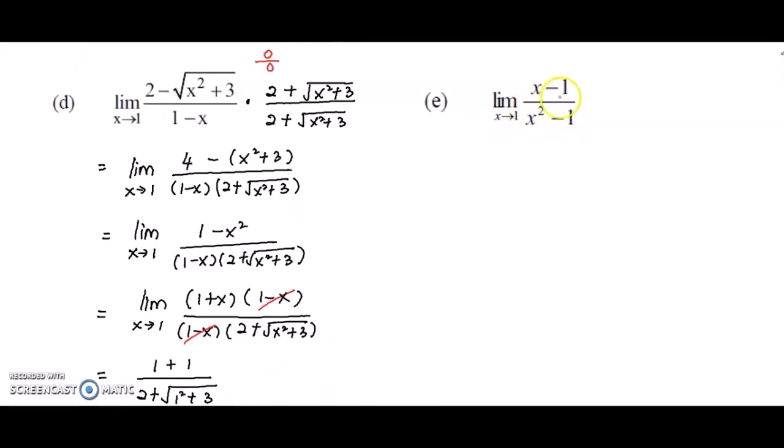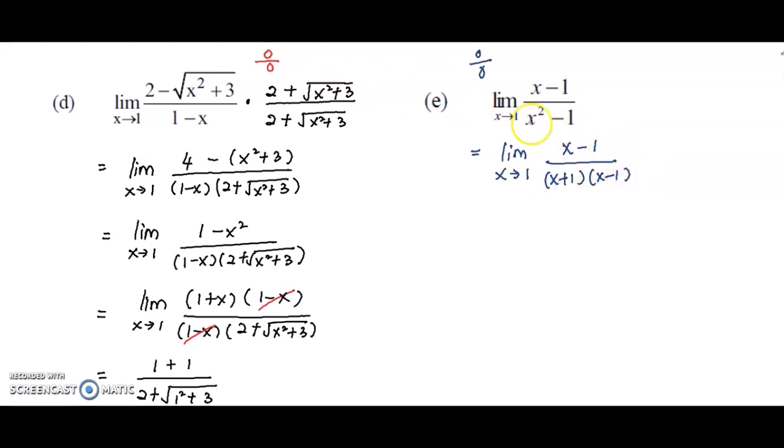For the example, E is a simple question. We can see that this question just involves the polynomial. So we just need to substitute 1 into here. You can get 0 over 0 again. Alright, so when you have this case, you are going to proceed to factorization. On top is a linear function, just copy down. And x squared minus 1 can be factorized as x plus 1, x minus 1.